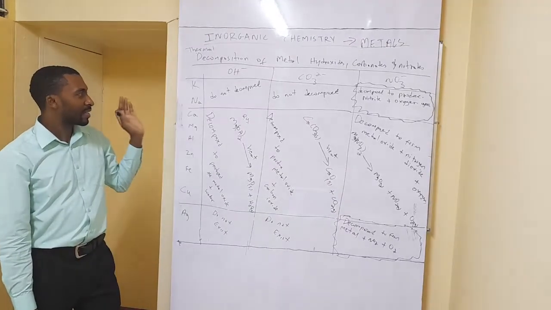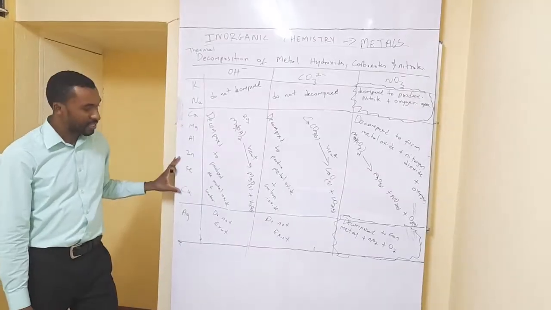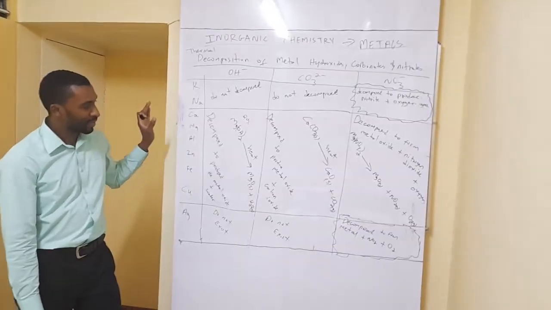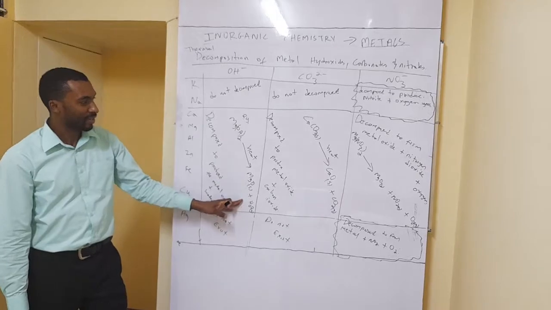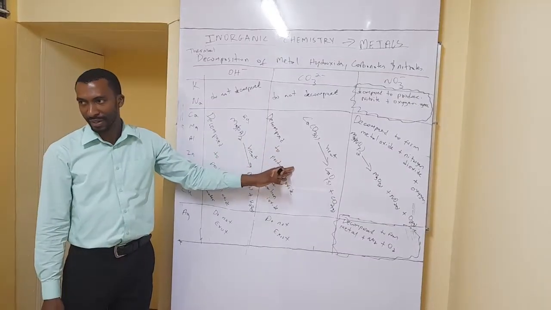All the hydroxides and carbonates from calcium, so group 2, group 3, and some of the transition metals, except silver, will decompose to produce the metal oxide and water for the hydroxide, and the metal oxide and carbon dioxide for the carbonate.